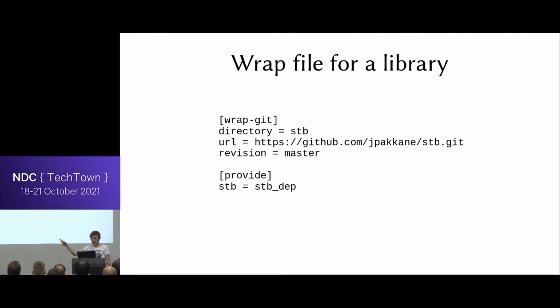Take that and pass it as the return value. So when someone does dependency stb, and stb is a header-only project which doesn't do any releases, you have to use it directly from Git, or you need to have your own checkout. And inside of that, we have our build definition, which basically says declare dependency and a bunch of stuff. So now we have separated what the dependency is from how it's obtained.